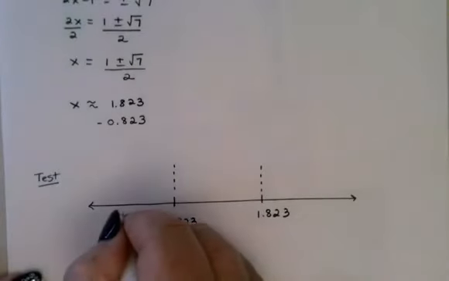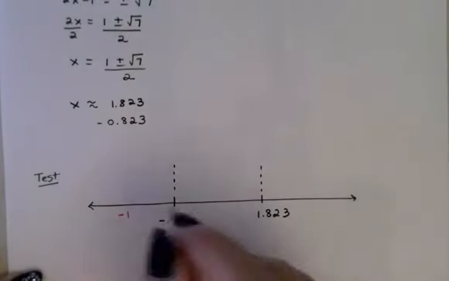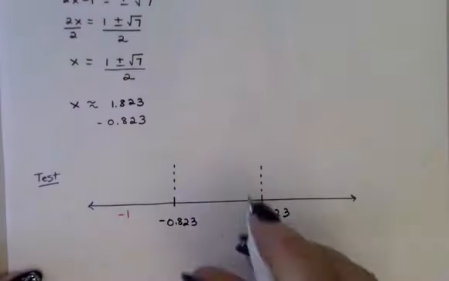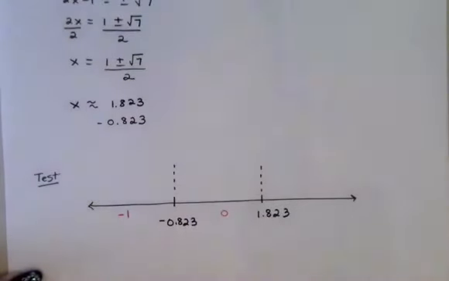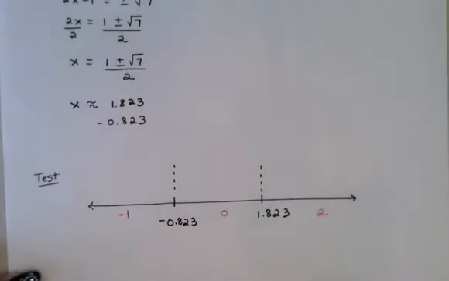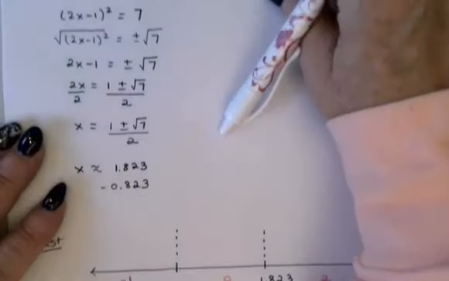So for example, negative 1 would be a value that's less than negative 0.823. Between these two values, 0 would be a nice one. And then something bigger than 1.823, maybe just 2. I need to test those and see which of these makes the original inequality true.